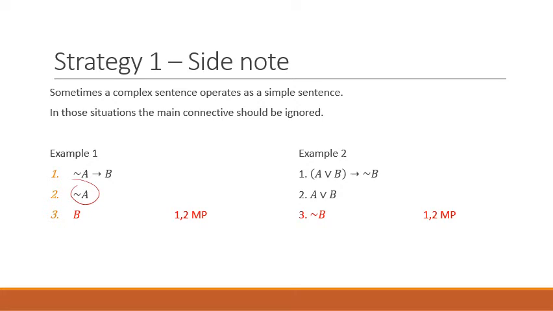But with respect to this modus ponens pattern that's being used, it is just the P, and number one, you should understand as P arrow Q. So number two is going to be P, and number three is going to be Q. And the same thing is happening over here, because number one is P arrow Q. Number two is P, even though it's complicated, and number three is Q.